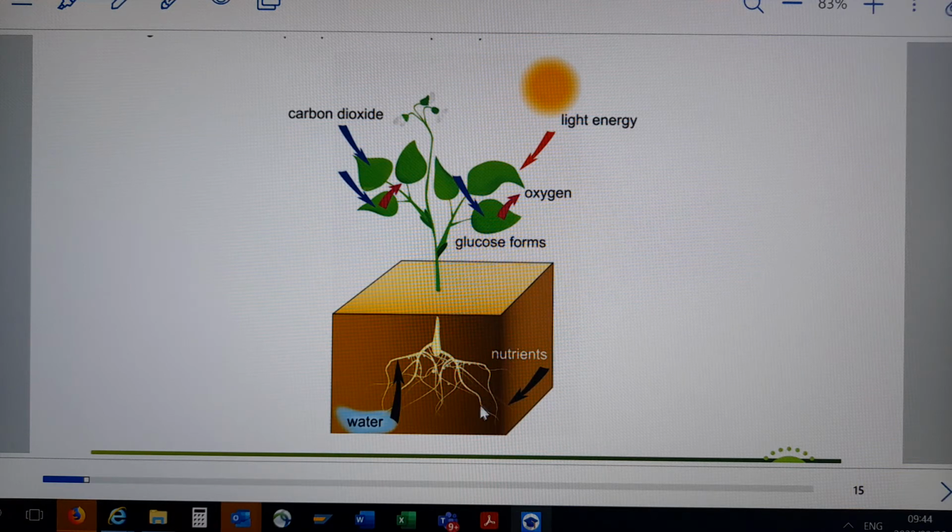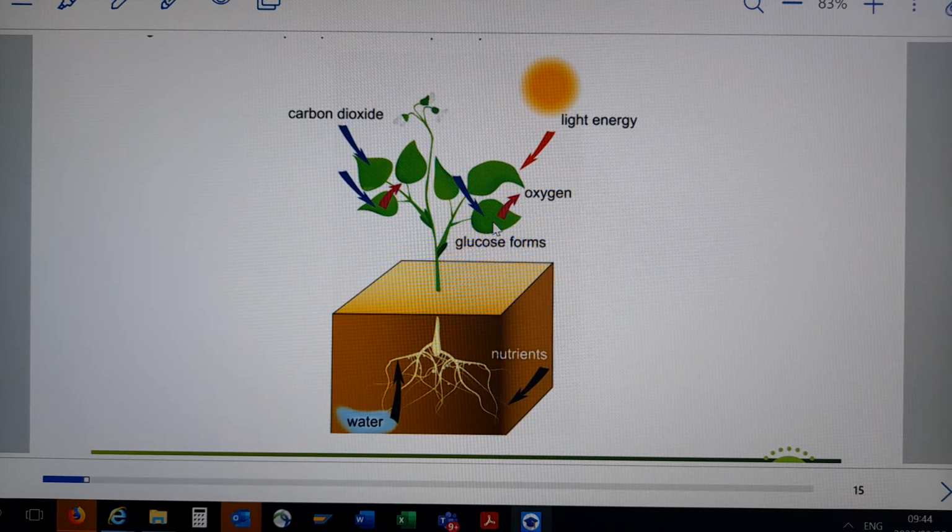Let's start again. The roots will absorb water and nutrients, and that will come to the leaf. And the leaf will be exposed to carbon dioxide. This blue arrow represents carbon dioxide.